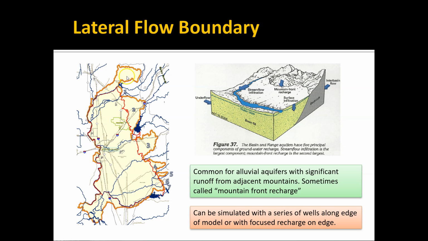But then these basins up here, 1, 2, 3, 4, 5, 6, 7, that are just beyond the edge of the model, we ended up using a runoff model, external to MODFLOW, to calculate, based on snow melt and precipitation, how much water we believed would seep into the superficial soils and then eventually migrate through the boundary into the model, and then we made those lateral flow or specified flow boundaries.